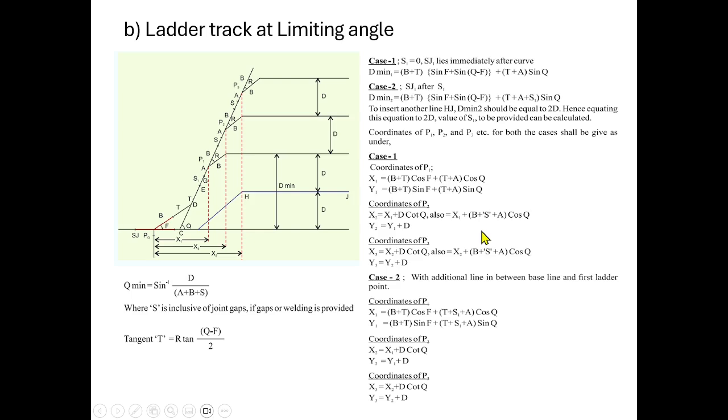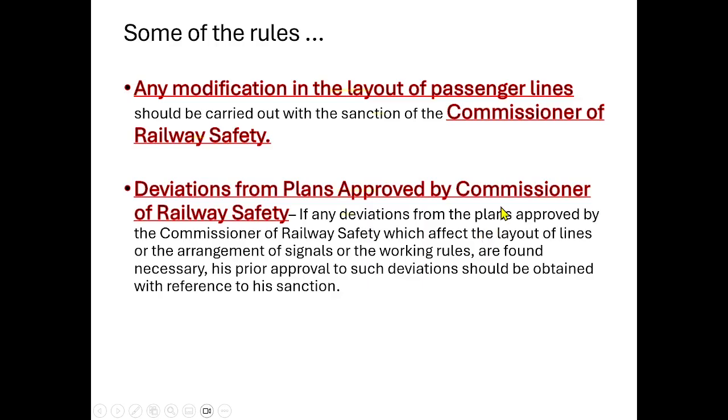Okay, this is something about the ladder track at the limiting angle. This is whatever you have seen so far: the design of curved parallel tracks as well as the ladder tracks.